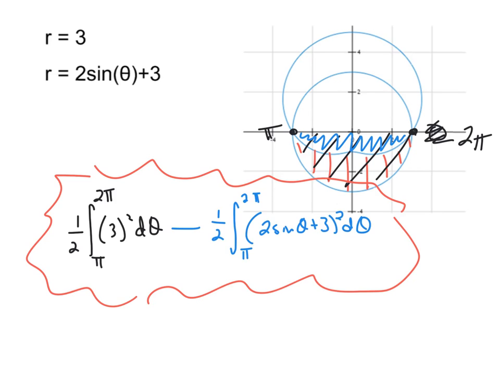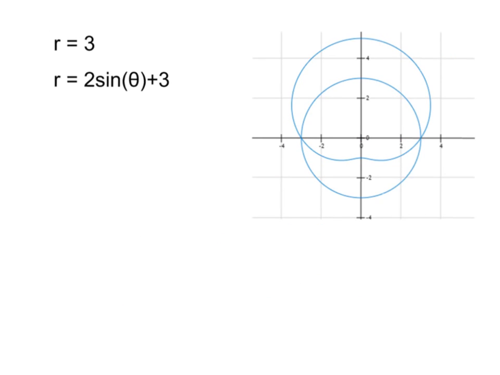Let's look at one more. In this one, I want to find this area right here. I want to find the area that's shared by the two. Okay. Well, again, these didn't change. Still pi, still 0, or in this case, 2 pi.